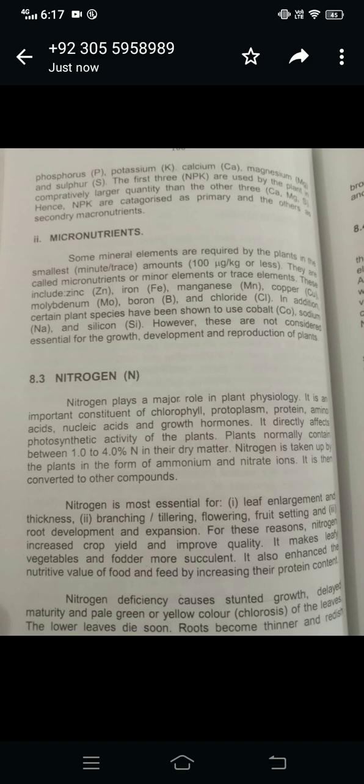It also enhances the nutritive value of food and feed by increasing their protein content. Nitrogen deficiency causes stunted growth, delayed maturity, and pale green or yellow color in the leaves, starting from the lower leaves. Roots become thinner and reddish.